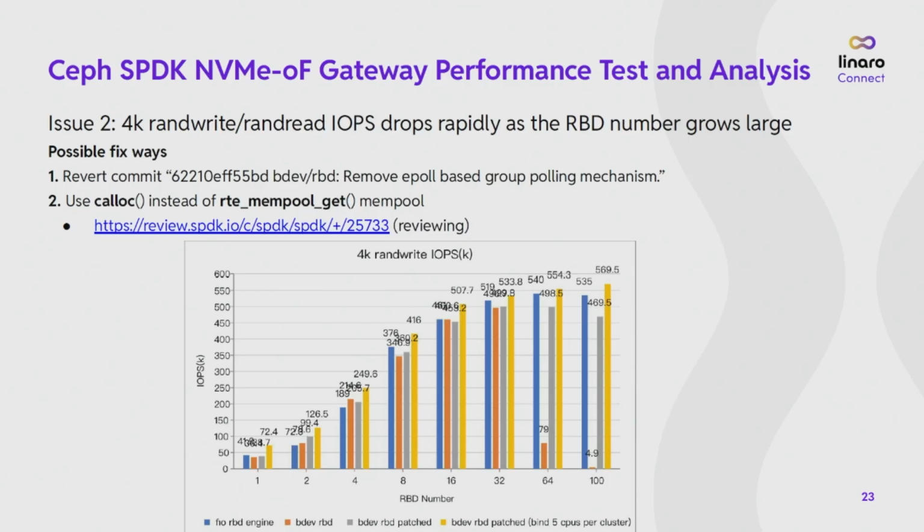We have sent out the patch, tested it, and it is working, pending review. As you can see, for an RBD number of 64, with the patch, the number is normal now.